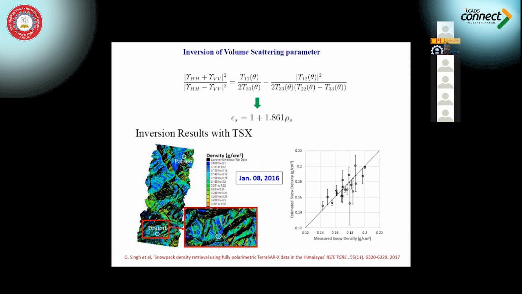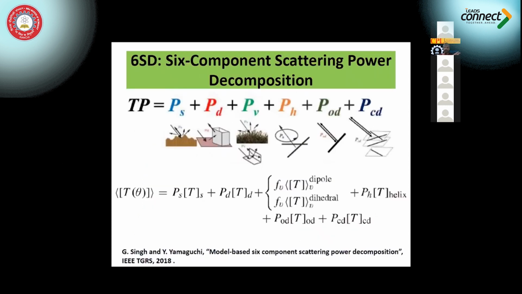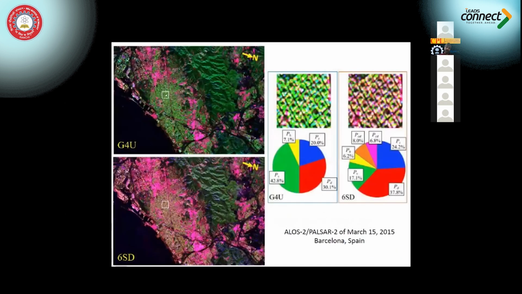This is another one, like you heard about the 4 component decomposition. Okay, recently we introduced more parameters dealing with compound scattering phenomena, oriented dipole and compound dipole, and extended the 4 component to the 6 component, which avoids the orthogonally oriented urban area problem with vegetation, so we can significantly improve.